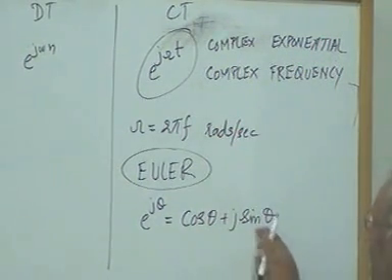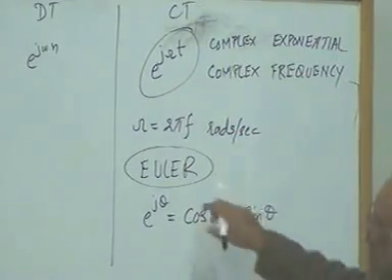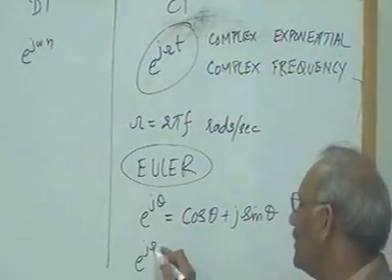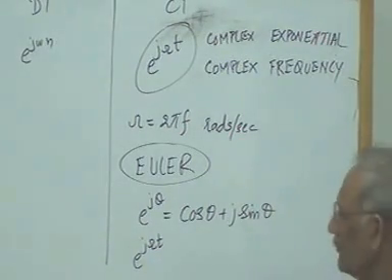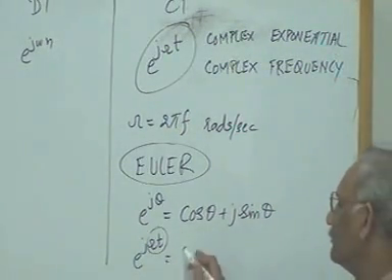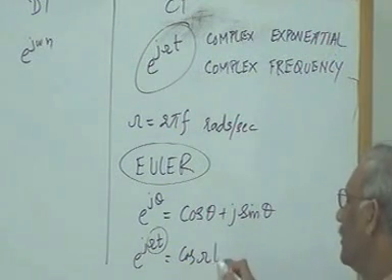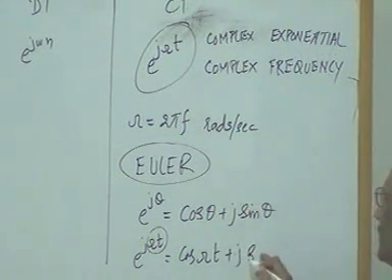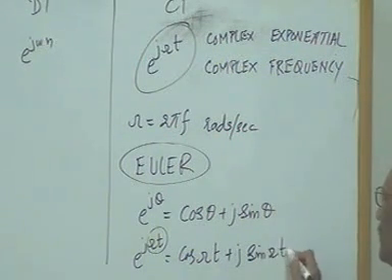The imaginary part is sine theta. Now see this, if we have e raised to power of j omega t, instead of theta we have this thing. This will become cosine omega t plus j times sine omega t, right?